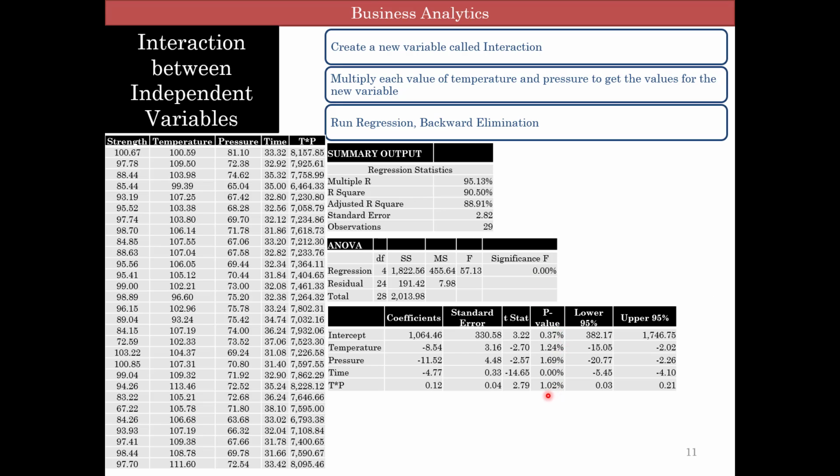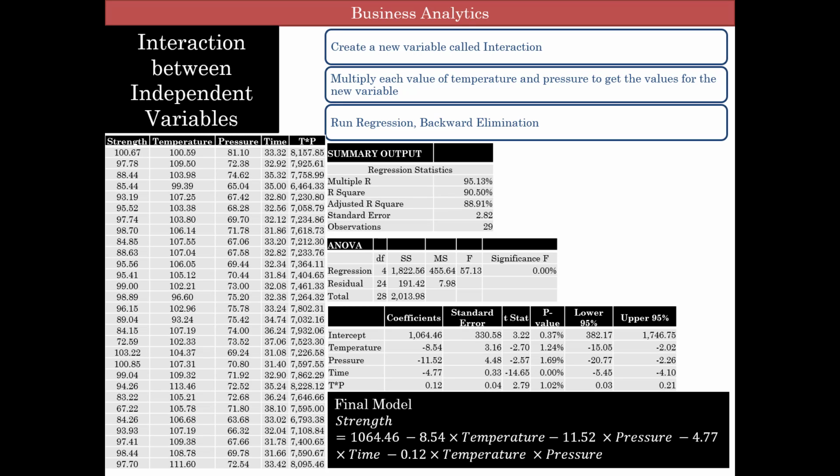And you can see all of them are significant, which gives us our final model, where temperature, pressure, and temperature times pressure are all significant. Let's go to Excel and talk a little bit more about what we did.